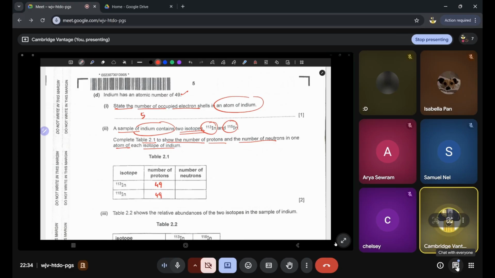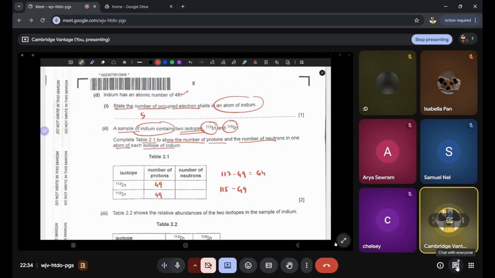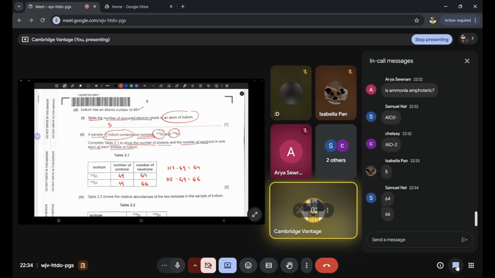And then they ask us to find the number of neutrons. To find the number of neutrons, all you have to do is subtract the proton number from the nucleon number. So it's 113 minus 49, which is 64, and 115 minus 49, that should be 66. So 64 and 66 are the relevant numbers.